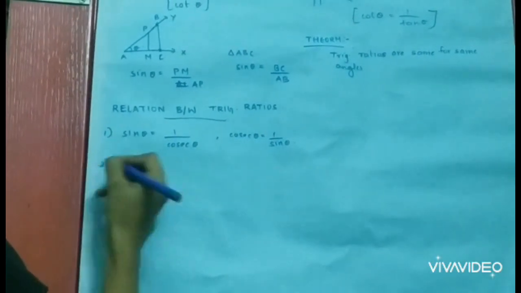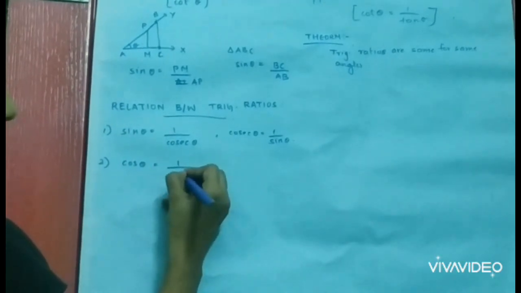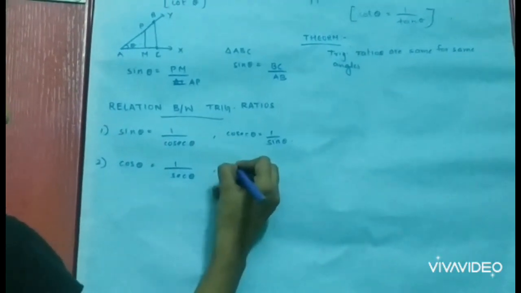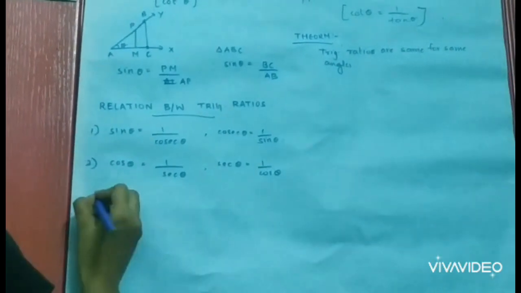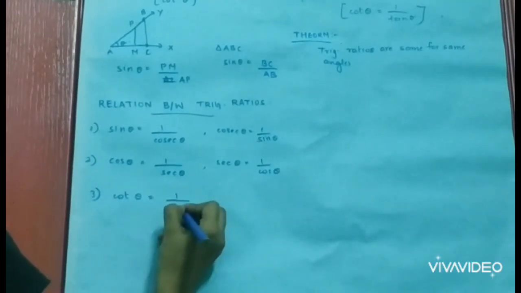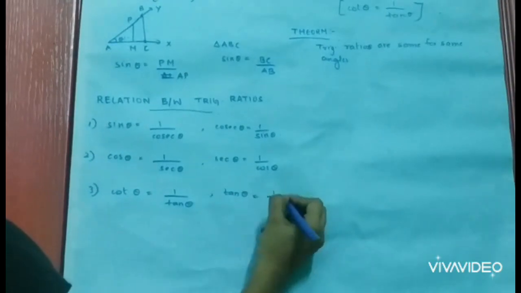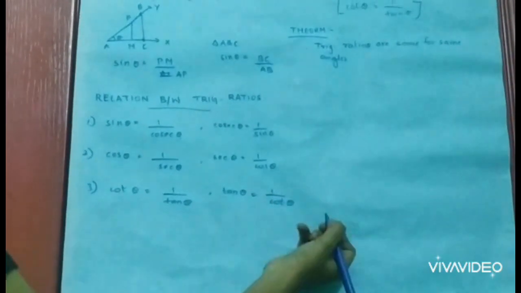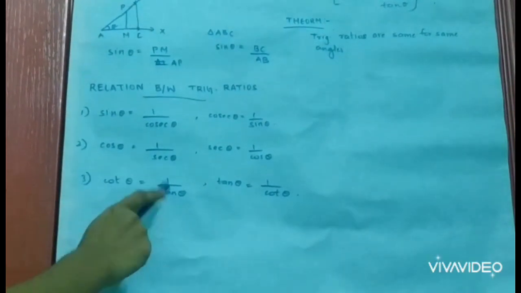Now second one, cos theta is equal to 1 by sec theta. Similarly, sec theta is equal to 1 by cos theta. Third one, cot theta is equal to 1 by tan theta. Similarly, tan theta is equal to 1 by cot theta. Now this is the relation between sine and cosec, cos and sec, cot and tan.